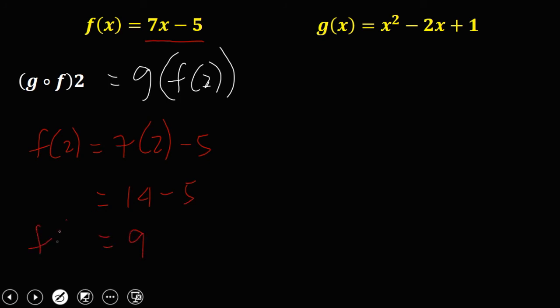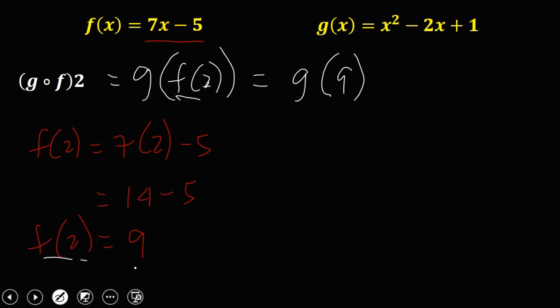So f of 2 is 9. Therefore, this equation now is equal to g of 9.